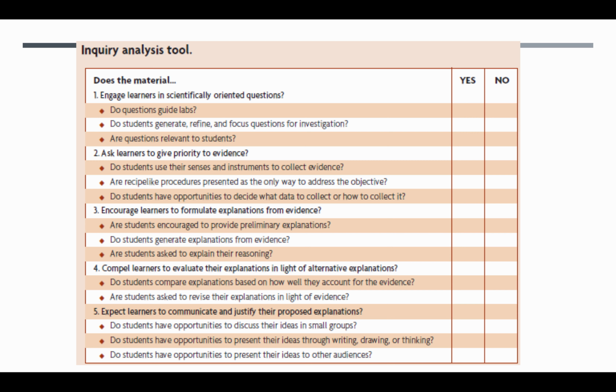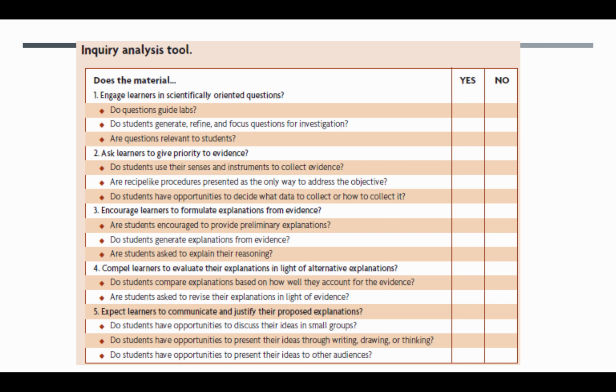So remember, the essential features of inquiry are: 1, does the material engage learners in a scientifically oriented question? 2, are learners asked to give priority to evidence? In other words, does the material tell them what information, what data, what evidence to collect?